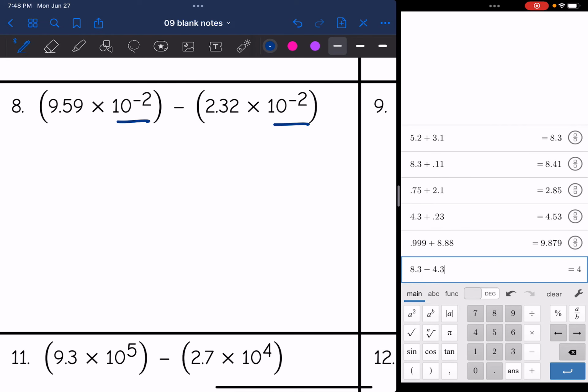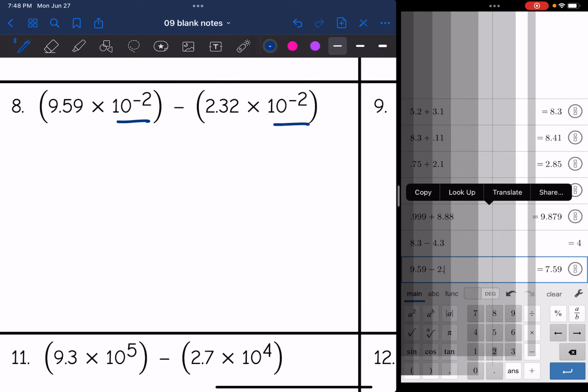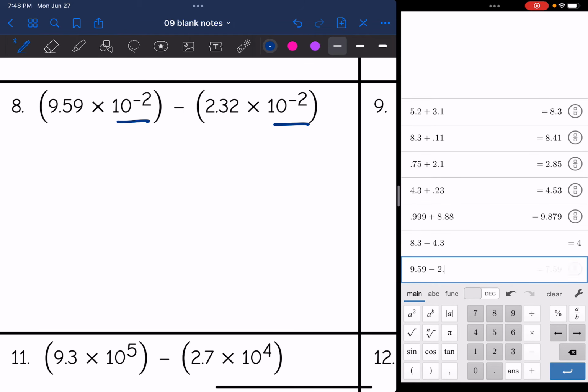So I just need to subtract the coefficients. So 9.59 minus 2.32 is 7.27. And then I'll keep the times 10 to the negative 2nd.